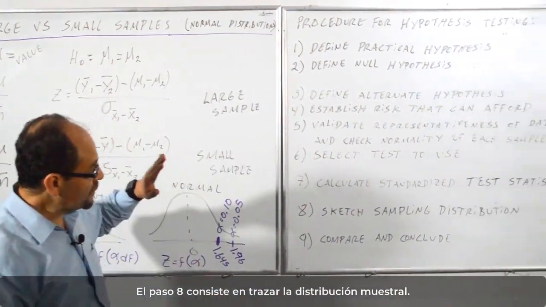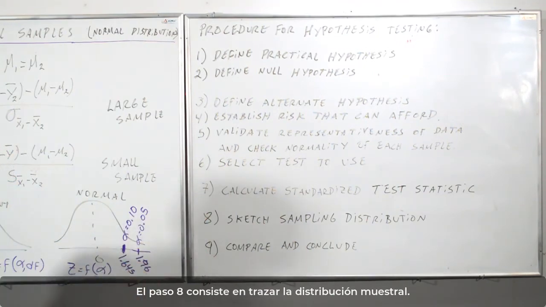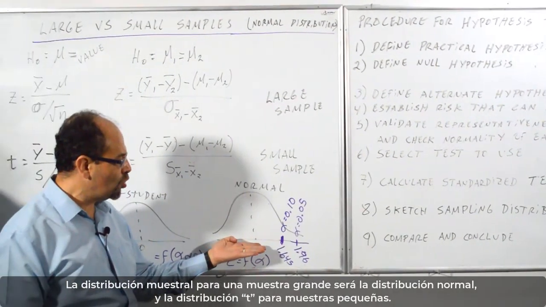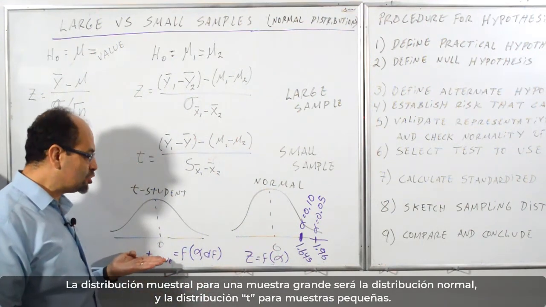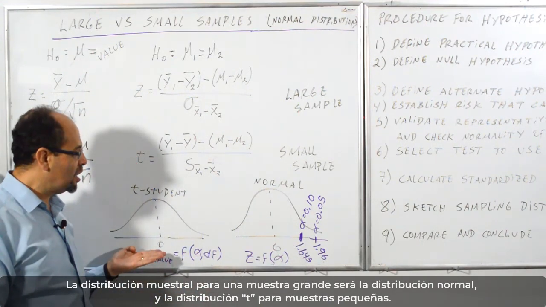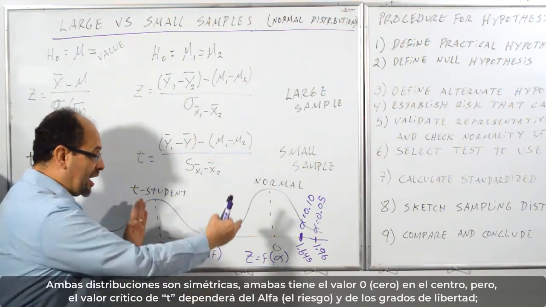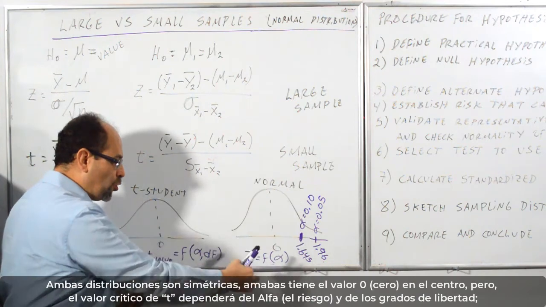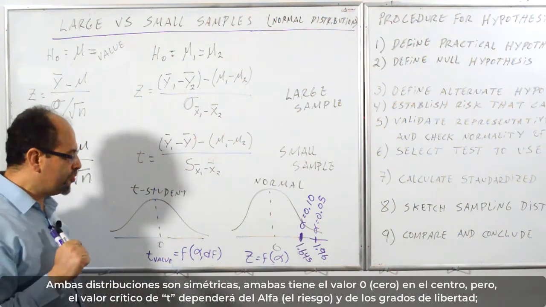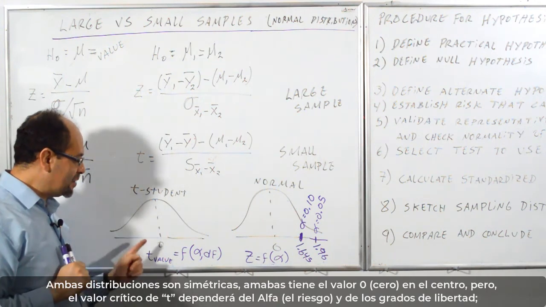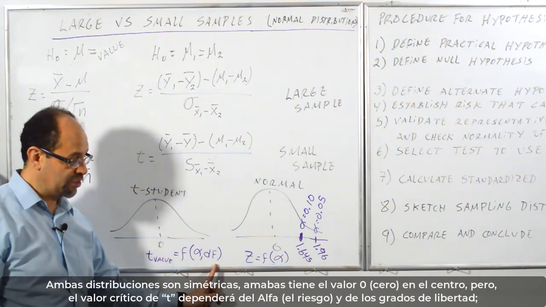Now, to sketch the sampling distribution, which is step number 8. Well, the sampling distribution for large sample will be the normal distribution, and the t-student distribution will be the one for the small sample. Both are symmetric, both are having 0 at the center, but the value of t will depend on the alpha, the risk, and the degrees of freedom.